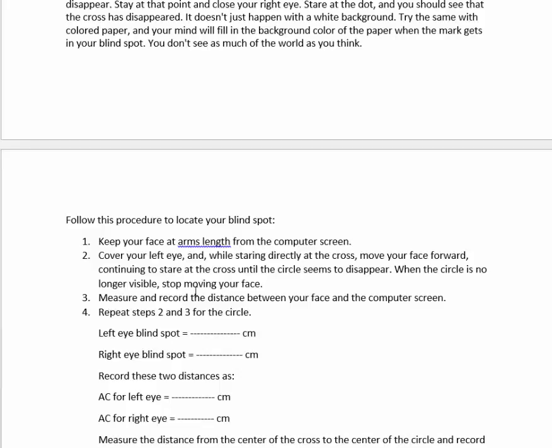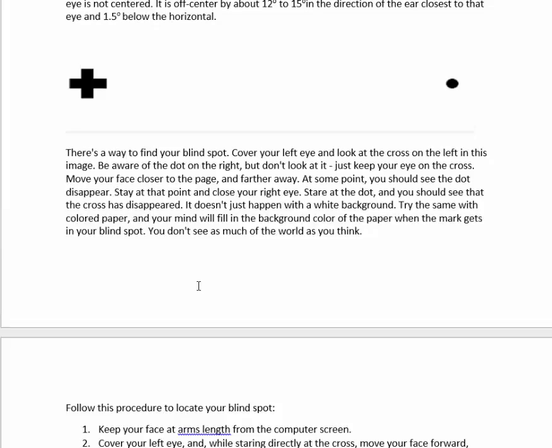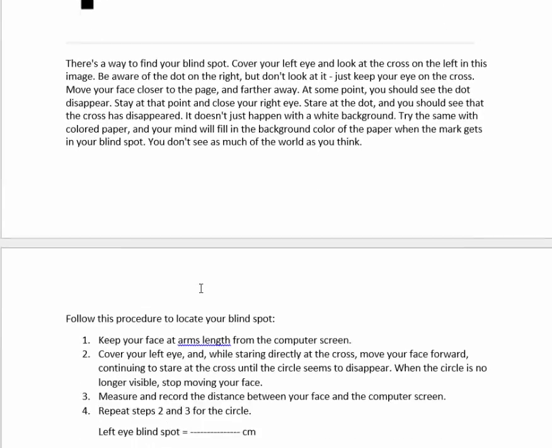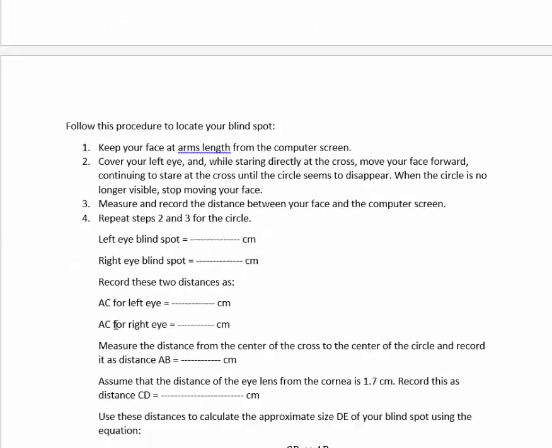And repeat the same process for the dot. In other words, close your right eye, staring at the dot. And as you move a little forward or backward, the cross becomes visible. Stop there and measure the distance between your face and the computer screen. Record that also as AC. In other words, you have AC for the left eye and AC for the right eye.